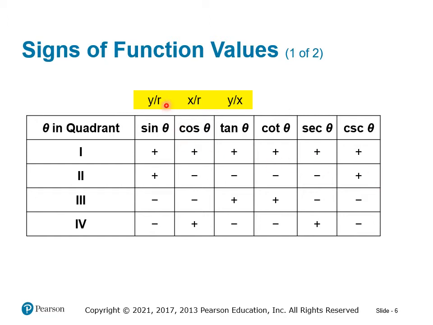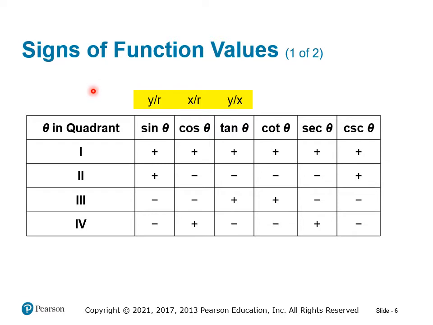Remember that sine is the value of y over r. So really with sine, we're going to look at the polarity of y. In quadrant 1 and quadrant 2, y values are positive. So the sign is positive. R will always be positive, right?